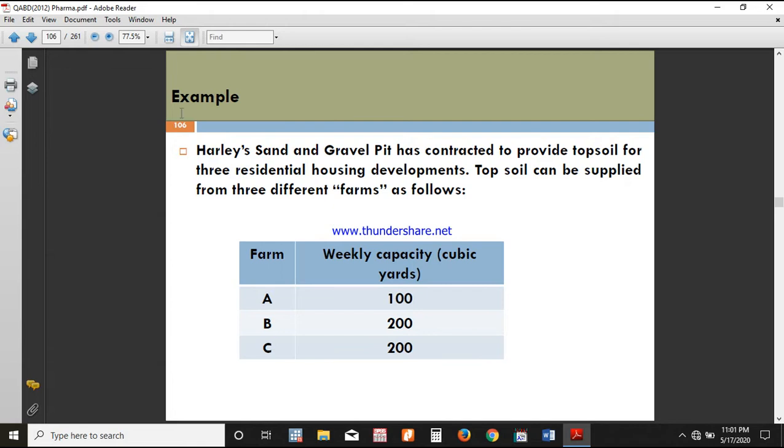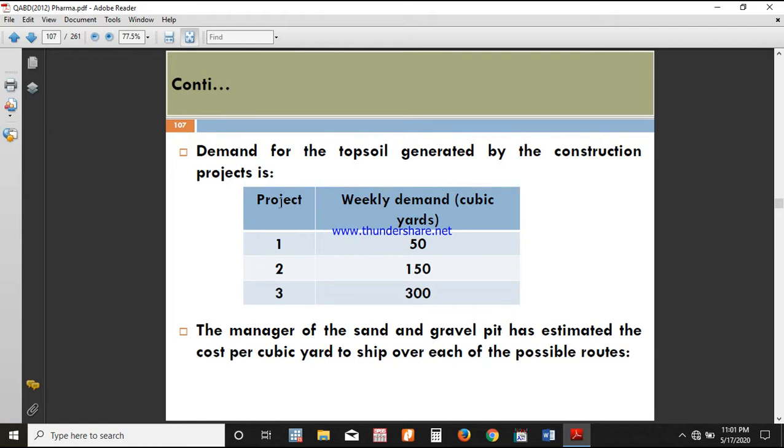Let's take an example. Harley Sand and Gravel Pit has contracted to provide topsoil for 3 residential projects from farms A, B, and C. Farm A has a weekly capacity of 100 cubic tons, farm B 200 tons, whereas farm C has 200 cubic tons. These 3 projects require sand and gravel from the previously stated farms.